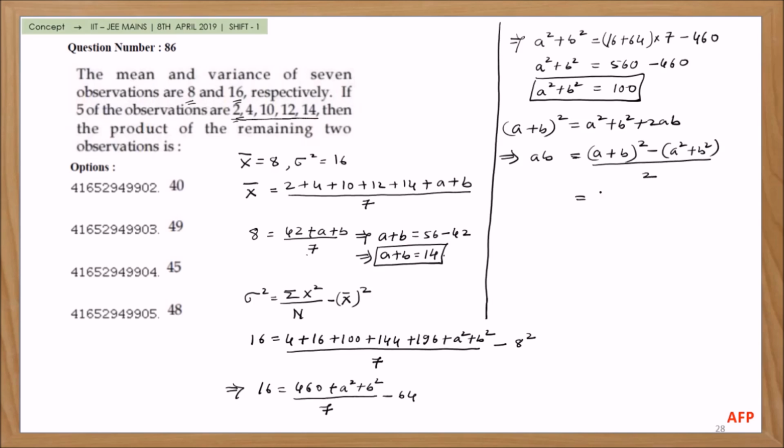What is A plus B whole square? It is 14 square, 14 square is 196. What is A square plus B square? It is 100, divided by 2, is equal to 96 divided by 2, which is nothing but 48. Okay, so here option 4 it follows.